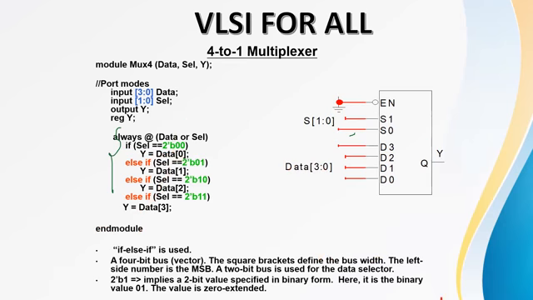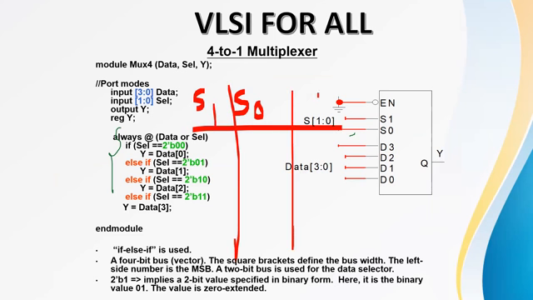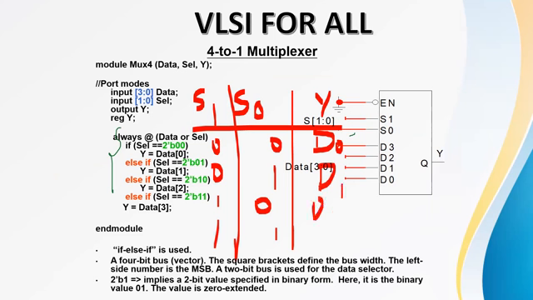Hope you understood. So we have the functionality that has select lines S0, S1, and this is Y. When we have 0 0, we select D0; 0 1, D1; 1 0, D2; 1 1, D3.